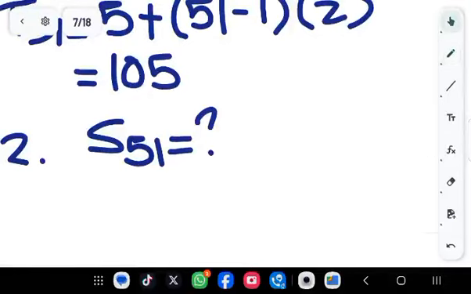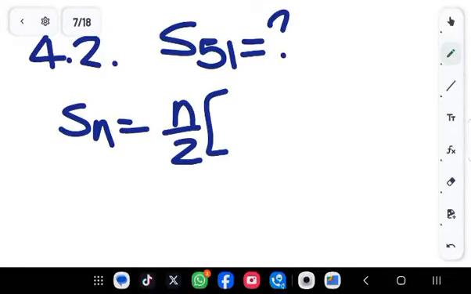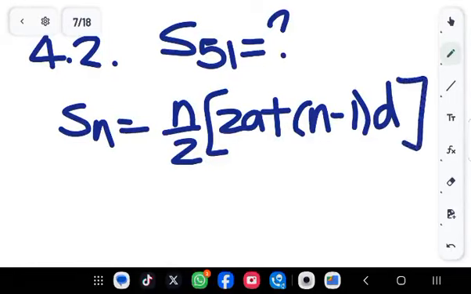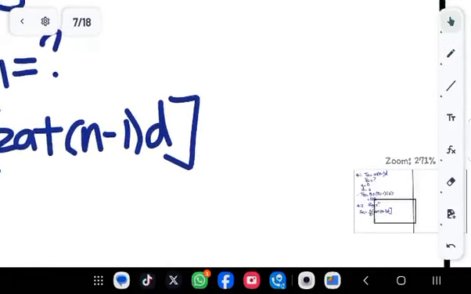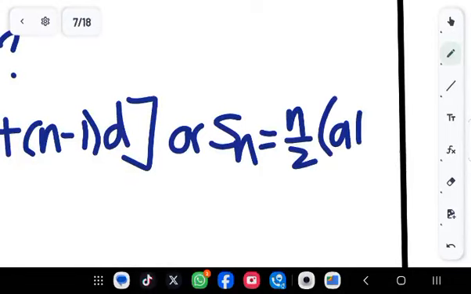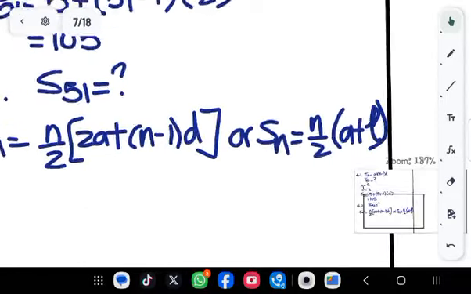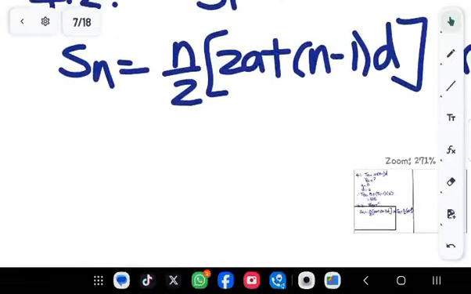Well, remember the formula for the sum of the first n terms equals n over 2 in bracket 2a plus in bracket n minus 1 times d, close square bracket. Or we could use the other one, n over 2 in bracket a plus l. Why? Because we've got the last term, which happens to be the 51st term given to us. So let's start with the second one.